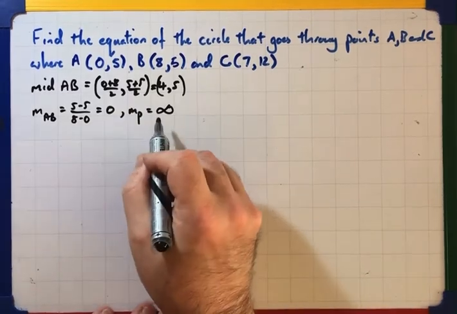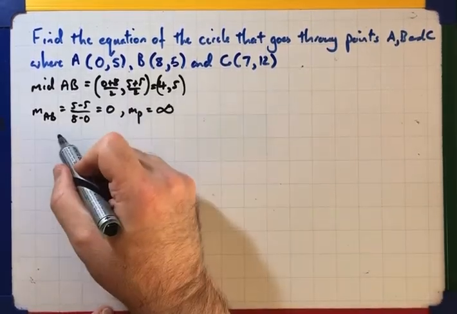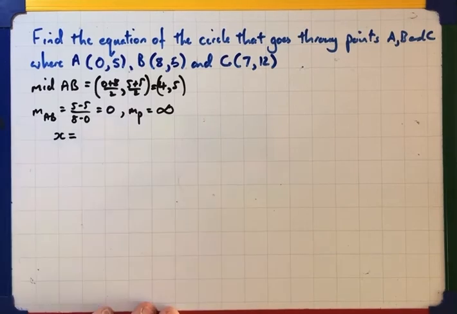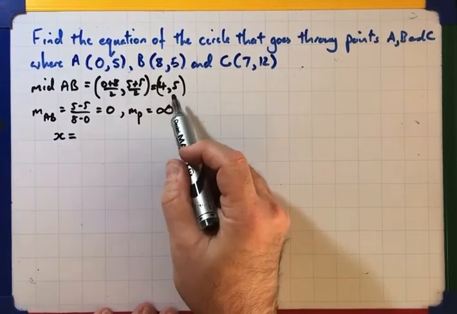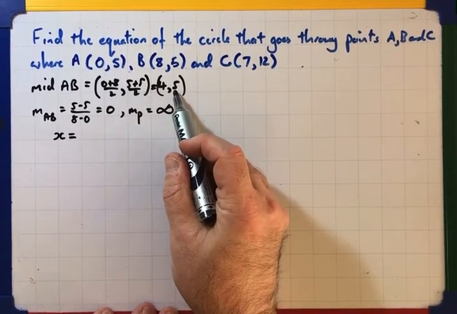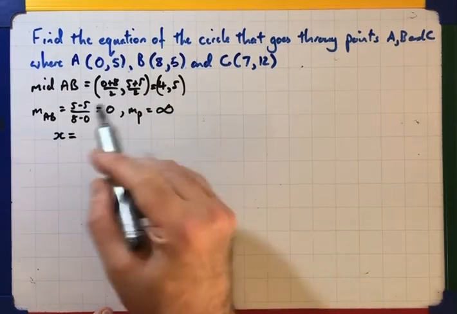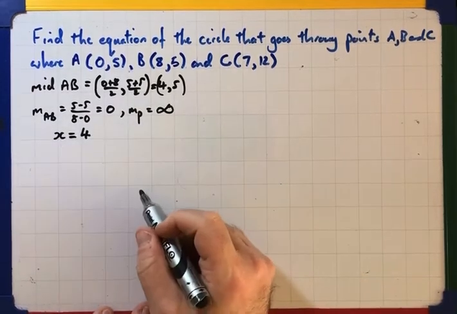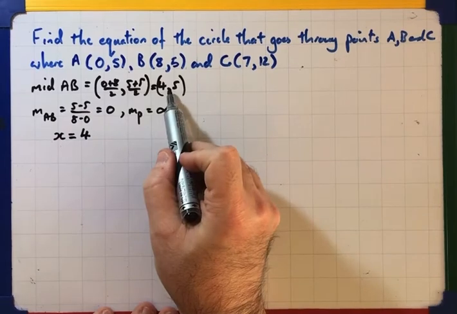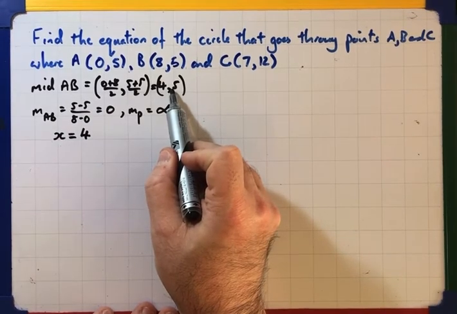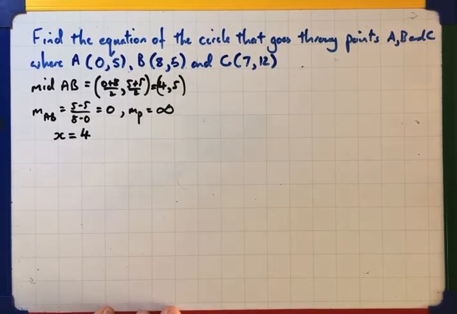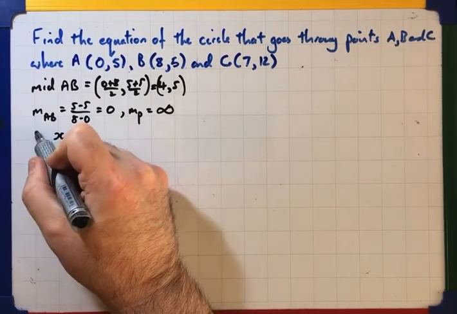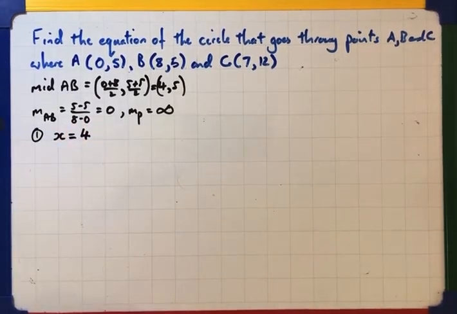So we're looking for an equation for our line of x equals a number. Now the only point we know on our line is this midpoint, so it must be x equals 4. Remember, the midpoint's the only point you know on this perpendicular bisector, so that's the one you have to use. So I'm going to call that equation 1, because that's the first one I've worked out.